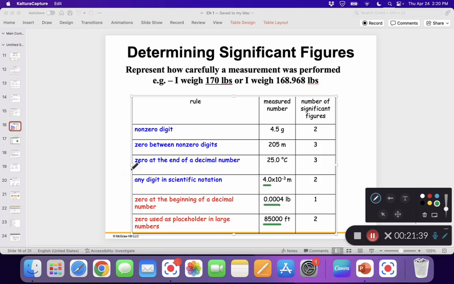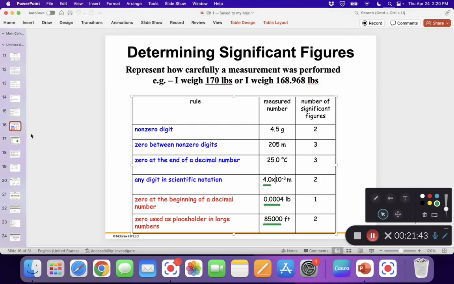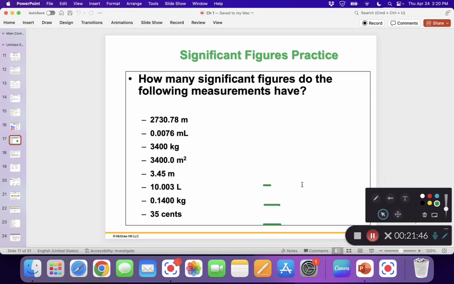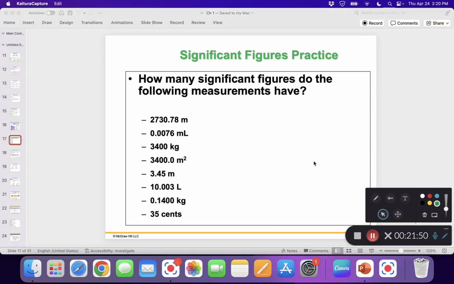I would like to give you a tip, a hack, how to remember all these rules without memorizing them. Let me draw a rough diagram, a rough map of the US.